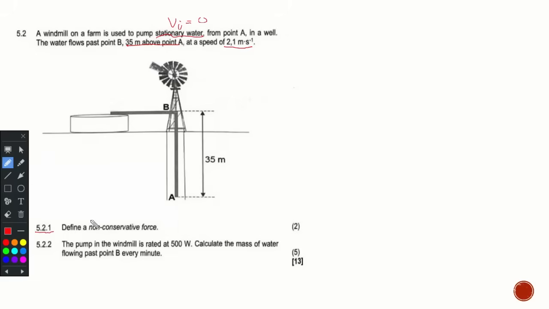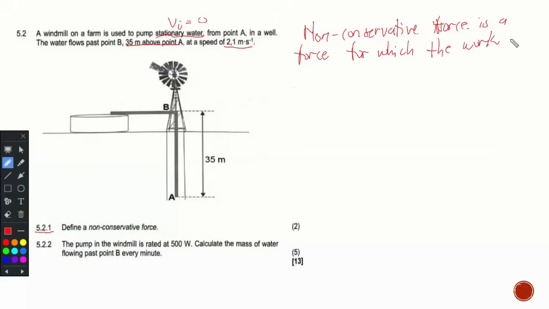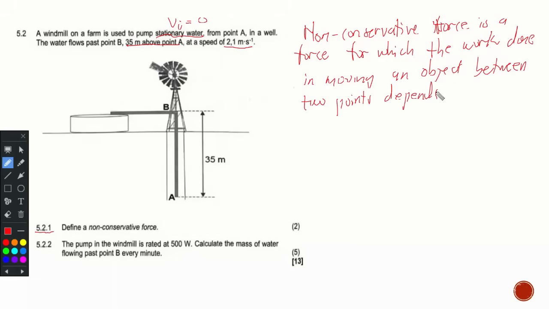Then 5.2.1 says define a non-conservative force. So remember, a non-conservative force is a force for which the work done in moving an object between 2 points depends on the path taken.